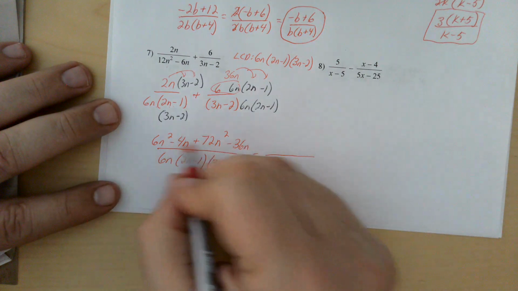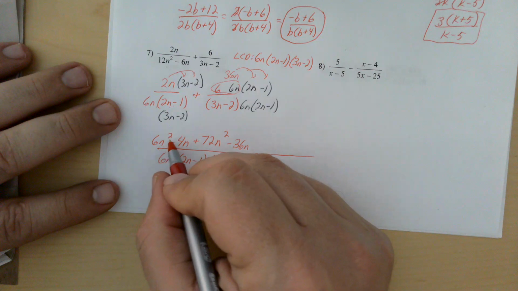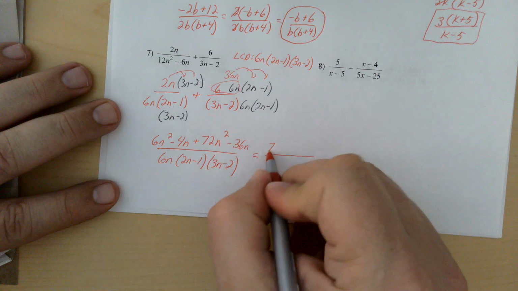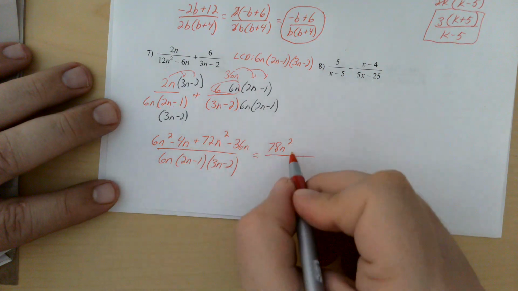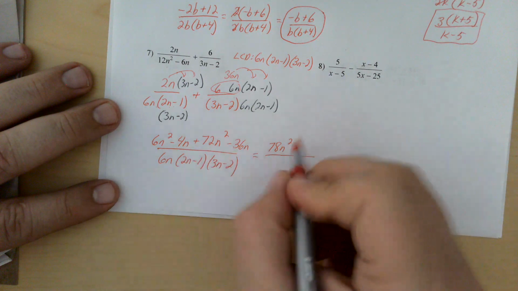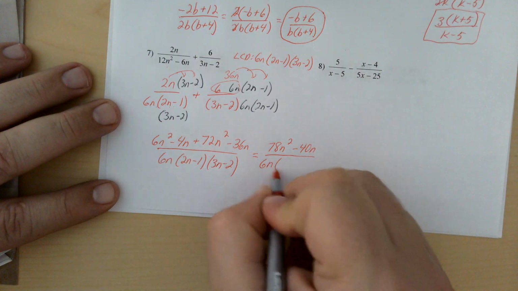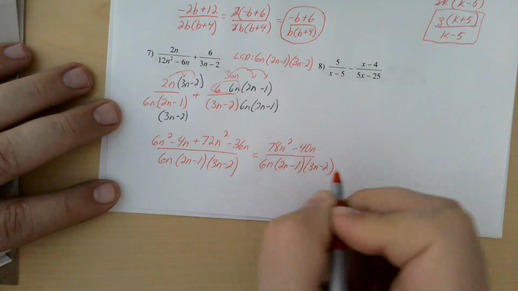Okay. These are like terms, so I'm going to end up with 6n squared plus 72n squared. That's going to be a 78n squared. Okay. And then this is going to be a minus 40n. All over your 6n, 2n minus 1, 3n minus 2.